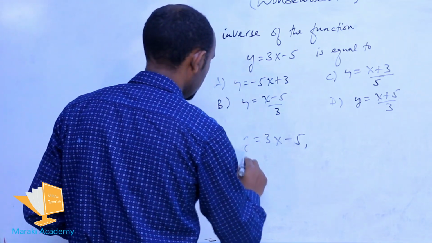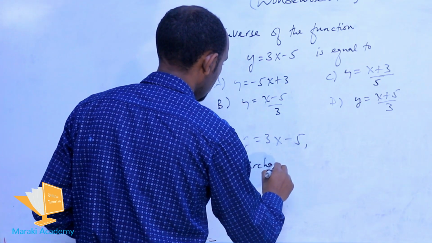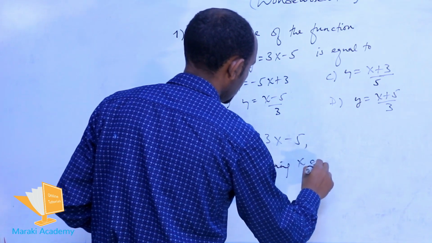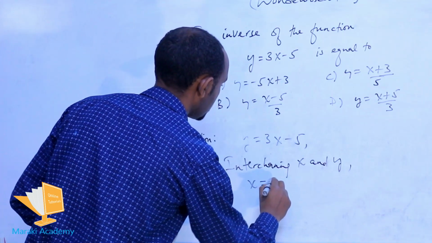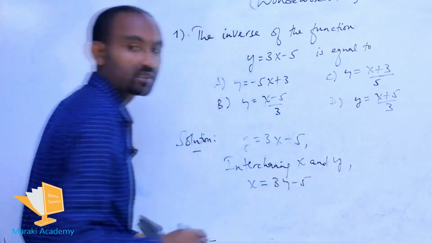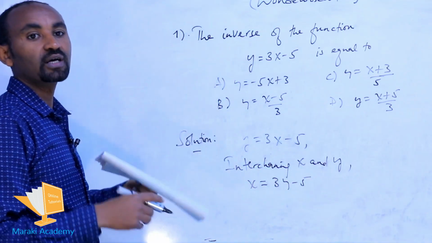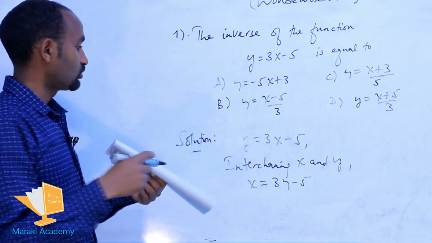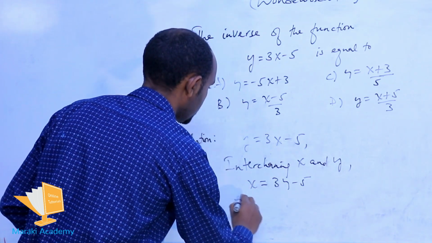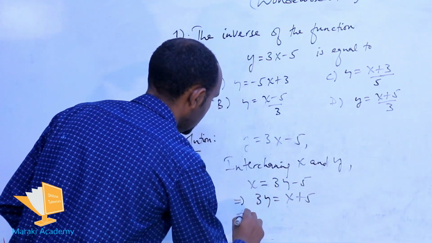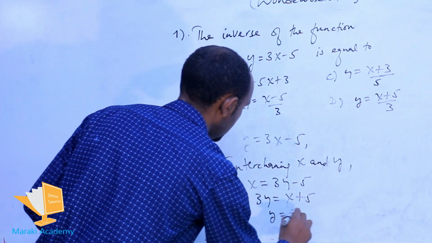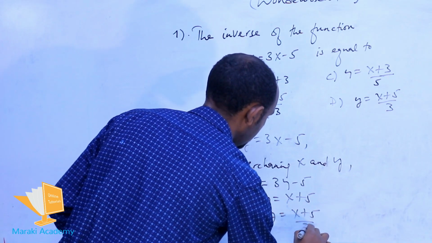So interchanging x and y, we write x equal to 3y minus 5. And then we write y in terms of x. So 3y equals x plus 5, and this again implies y equals (x plus 5) over 3.